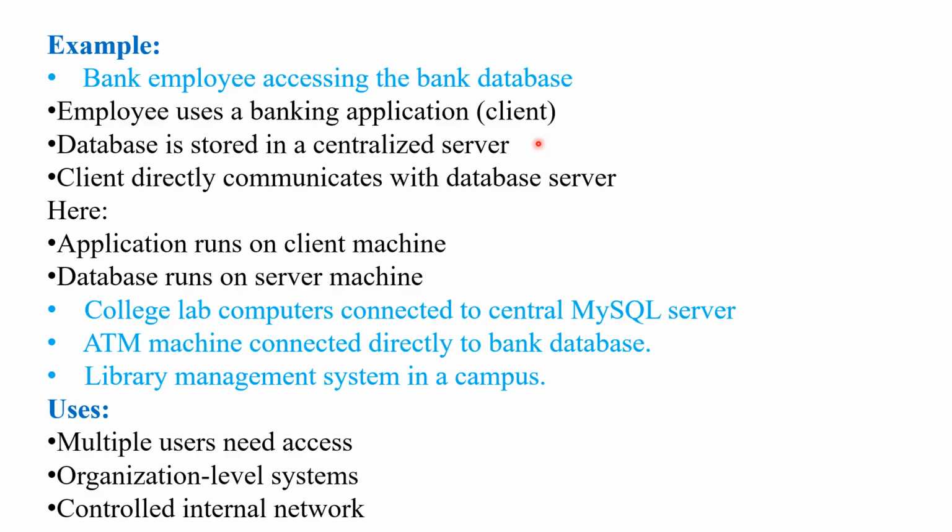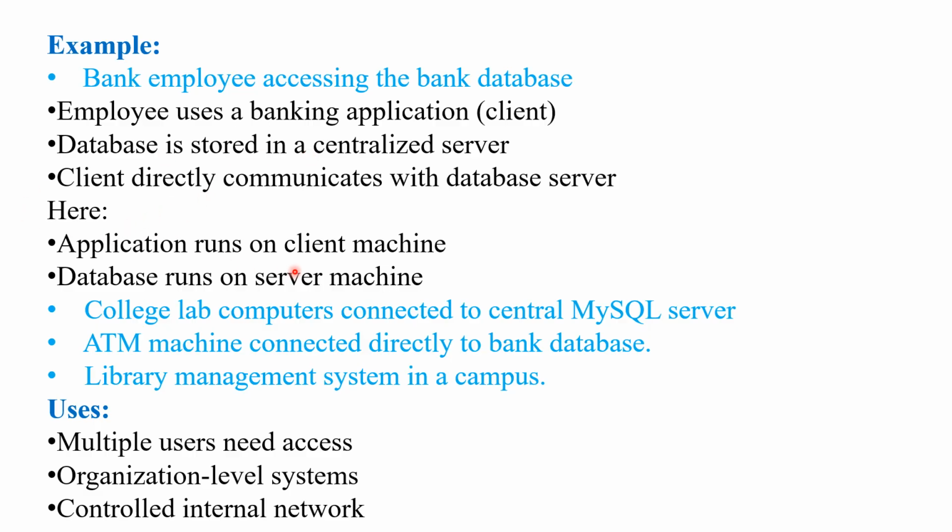When the bank employee accesses the information, they can get the customers' data from the centralized server system. Then the client directly communicates with the database server. So this is the best example for the two-tier architecture.